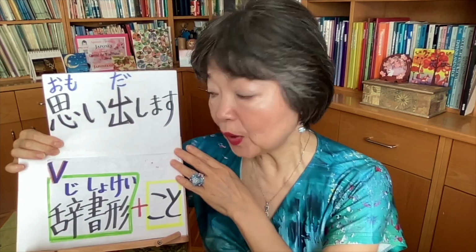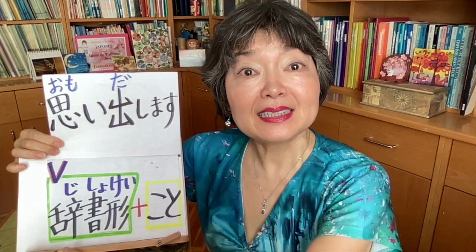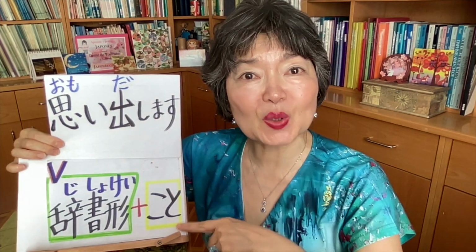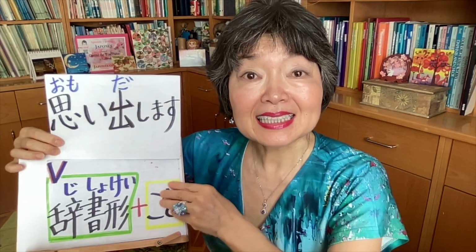I'm trying, but I can't remember. What was it? I don't remember. In this case, we use this grammar: dictionary form and こと. So 思い出すこと is the noun. And 思い出すことができます, I can remember. 思い出すことができません, I can't remember.